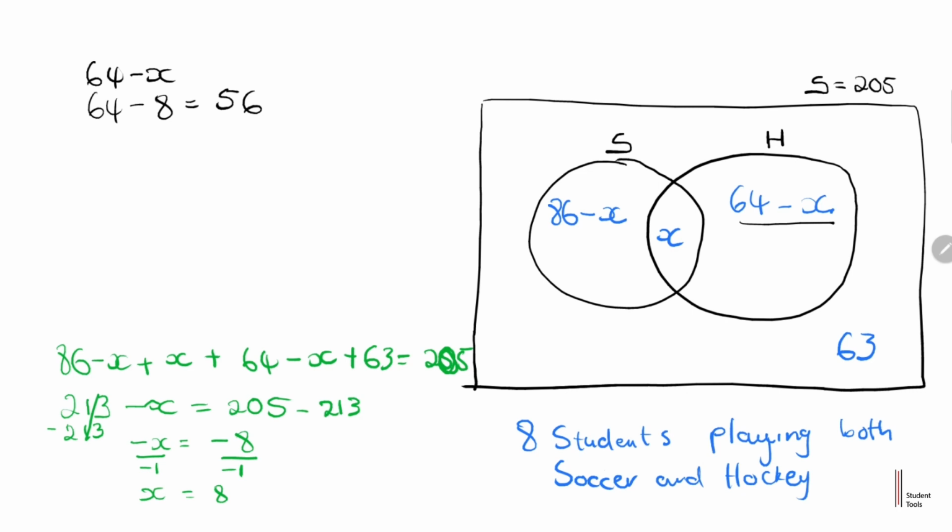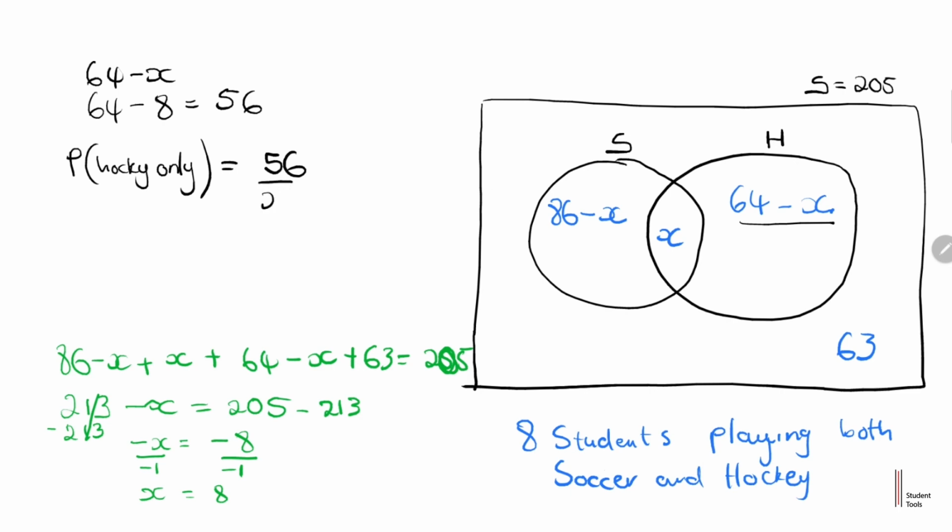Okay, so the question said we must determine the probability that the learner chosen at random plays hockey only. So how do we determine that? So the probability that a learner plays hockey only is equal to 56 out of how many students?